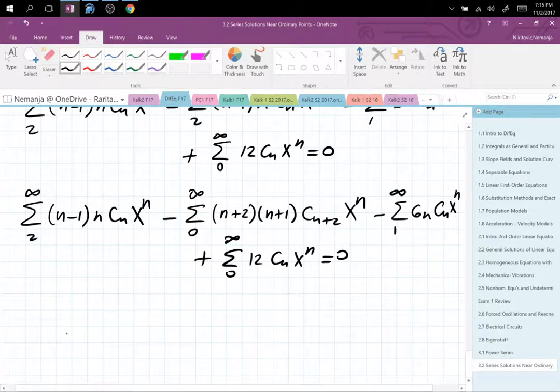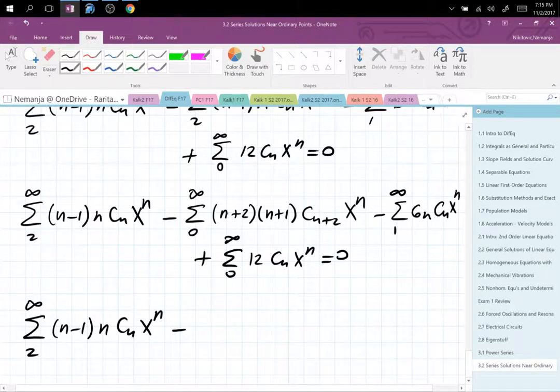Where does it end? When the problem is over, if that's the question. So leave this one alone, n minus 1 times n cn x to the n, it's beautiful, minus, now we have to peel the 0th term and the first term.